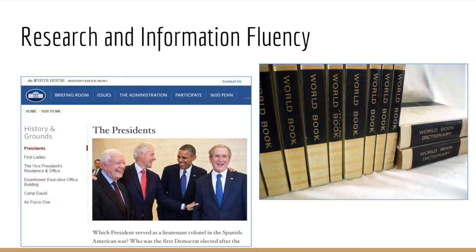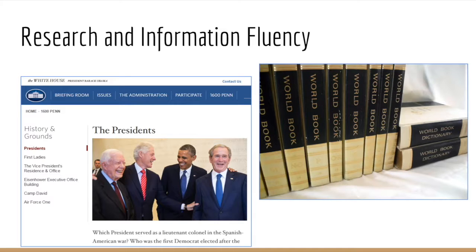Another big skill across all our grade levels is research and information fluency. In the younger grades, a book is still a great tool. I had a set of 1970s encyclopedias that I would start my fourth graders researching on because there's something important about having a small bit of information to focus on. But as a teacher, talk to your tech integration specialist.